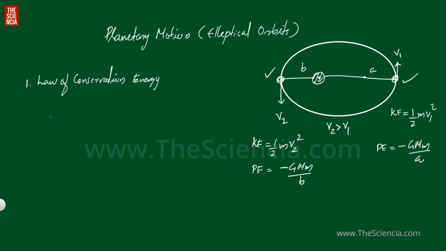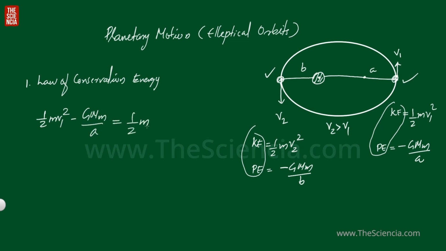So I can add this kinetic energy and potential energy and equate these two values. So what do we get? We get 1 by 2 m v1 square minus GM by a is equal to 1 by 2 m v2 square minus GM by b.